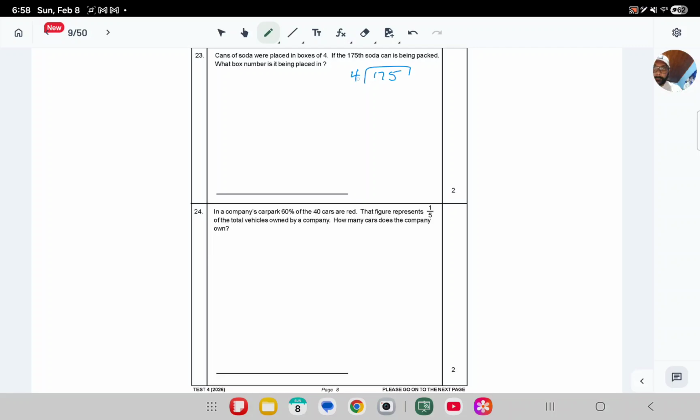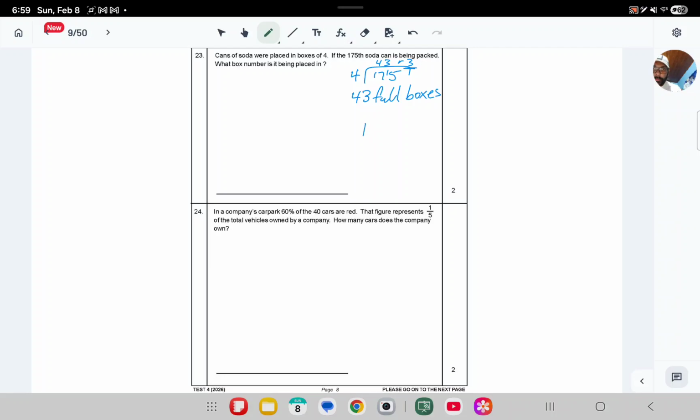4 could go into 17 4 times, 1 remains. 4 could go into 15 3 times, that is 12, 13, 14, 15, with a remainder of 3. So therefore, this means we have 43 full boxes and we have 3 loose ones.